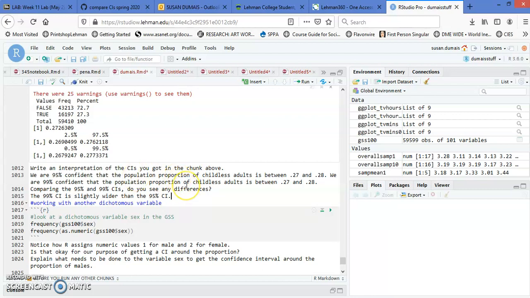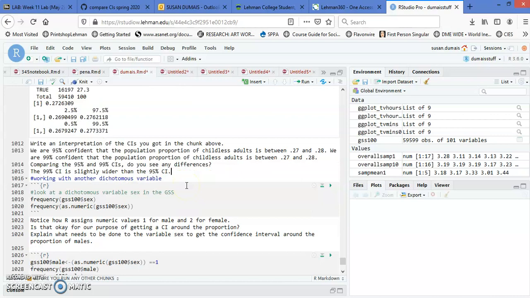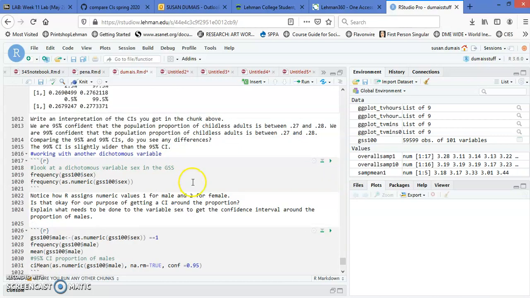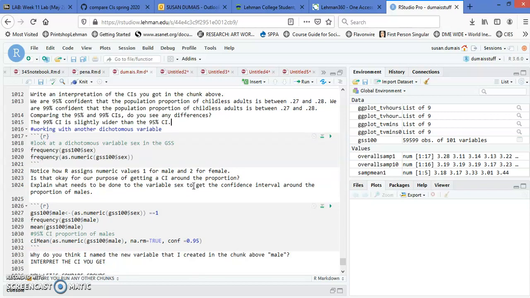Okay, so next we're going to look at another variable and talk about switching it to become officially dichotomous, valued as 0 and 1. Okay, so we have the variable sex. We're getting the frequency for it, and then we're looking behind the labels at how it's coded in RStudio.